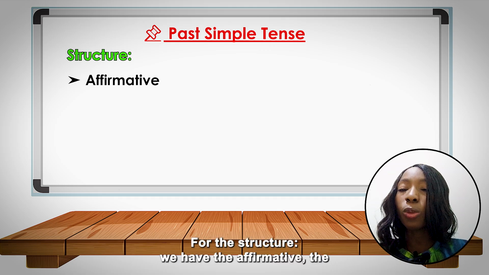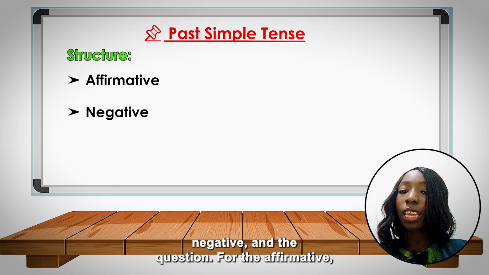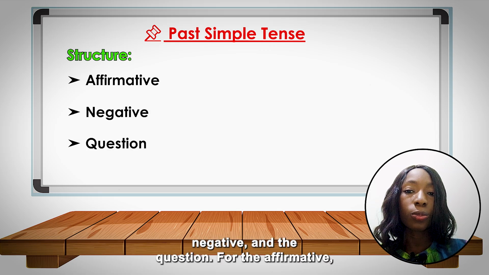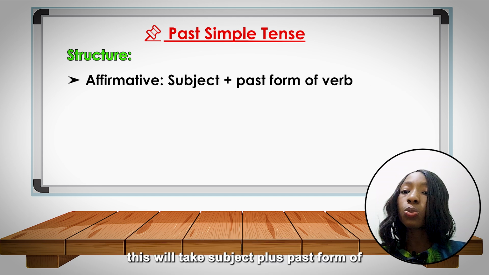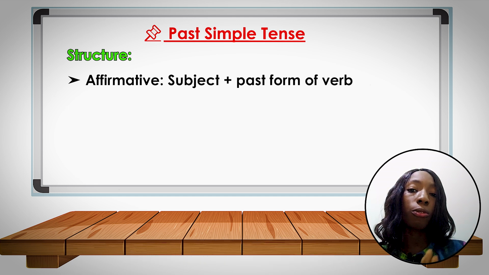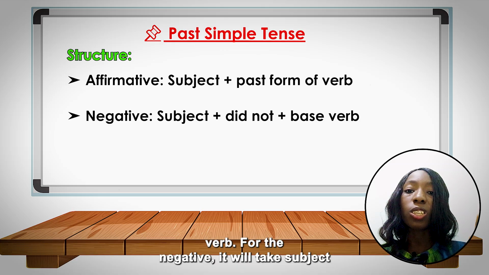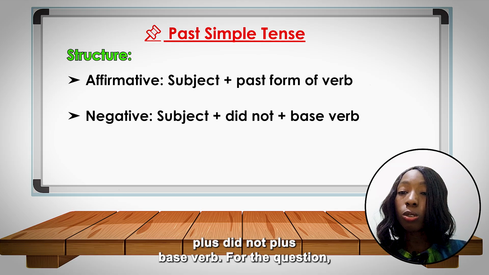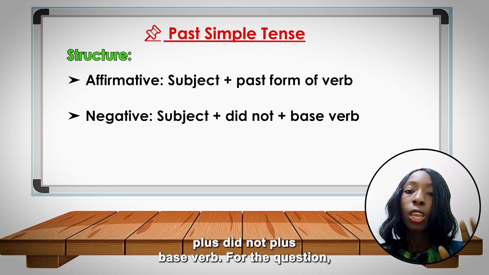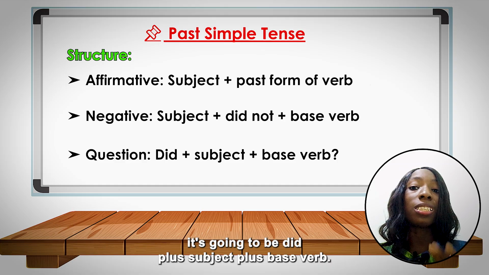For the structure, we have the affirmative, the negative, and the question. For the affirmative, this will take subject plus past form of verb, and for the negative, it will take subject plus did not plus base verb. For the question, it's going to be did plus subject plus base verb.